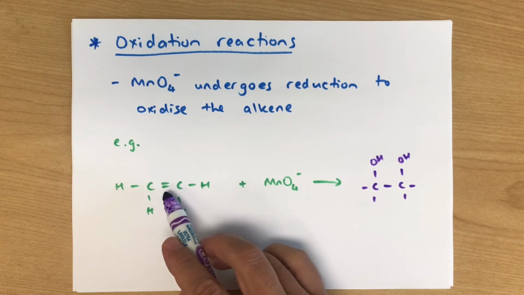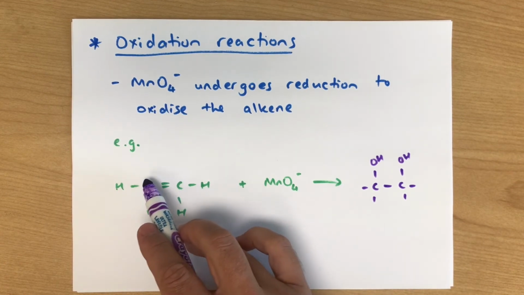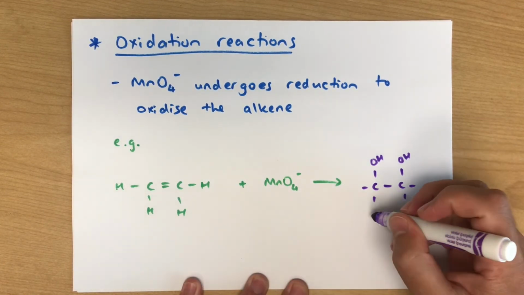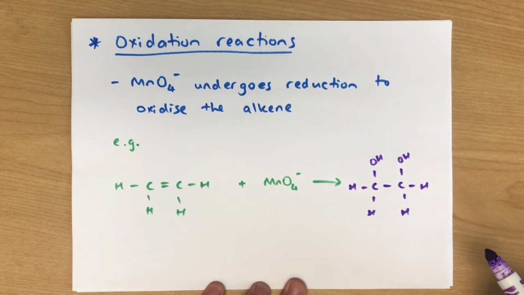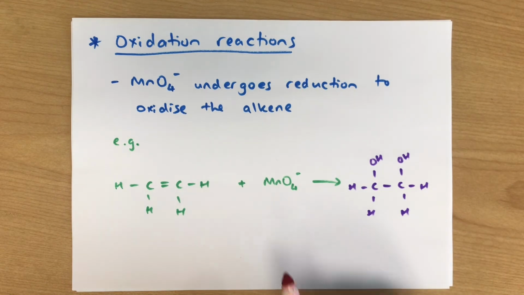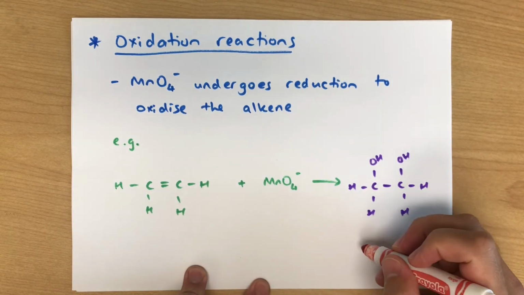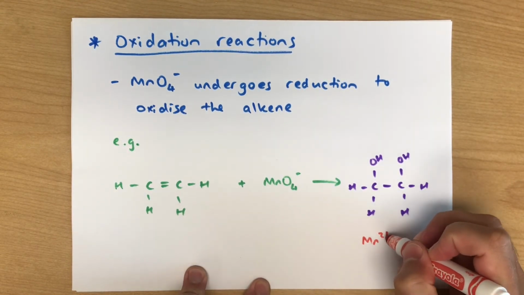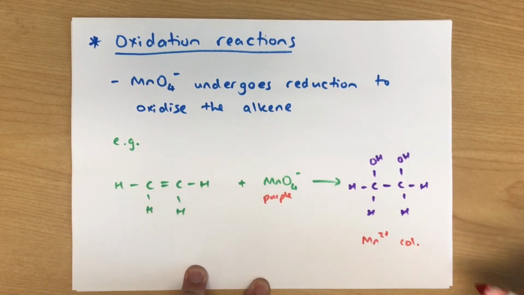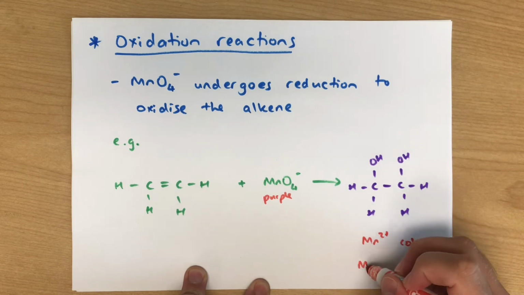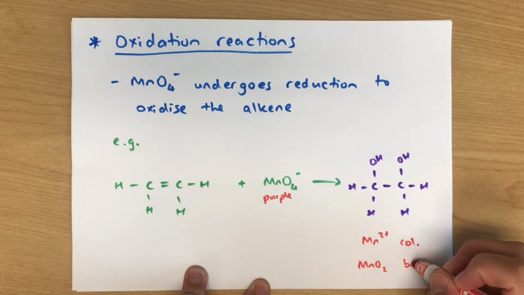So there is our double bond. That double bond again is going to break. We're going to add OH onto each carbon, leaving us with this compound here. The permanganate can either turn into Mn2+, which would be a purple to colourless change, or it can turn into MnO2, which is brown.